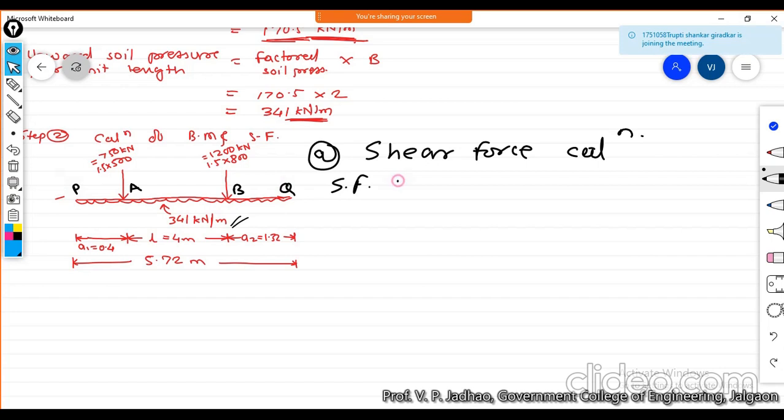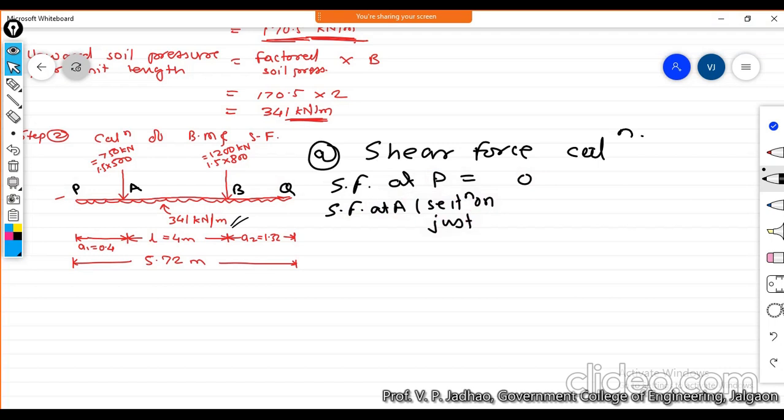Shear force at P will be equal to 0 definitely, because there is no load on the left hand side of P. Shear force at A, assuming that the section is just on the left hand side of A: this will be the shear force of this 341 kilonewton per meter load multiplied by this distance of 0.4 meter.